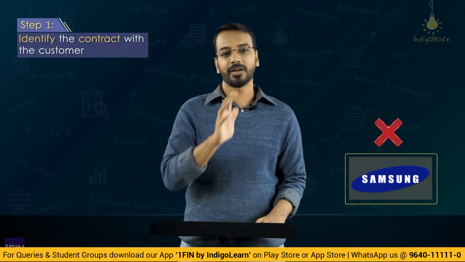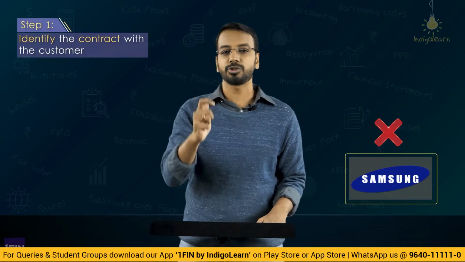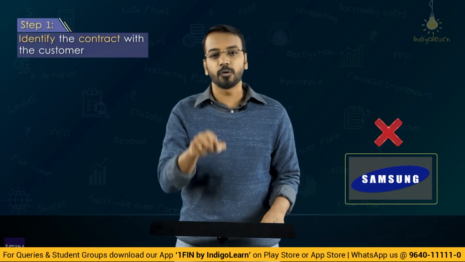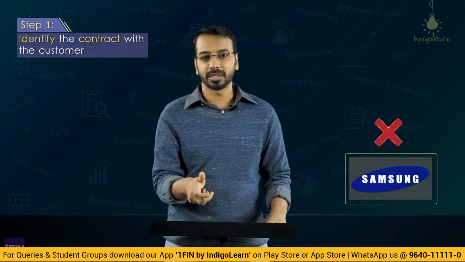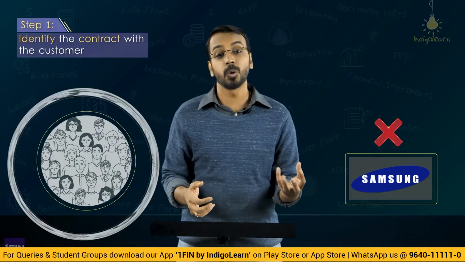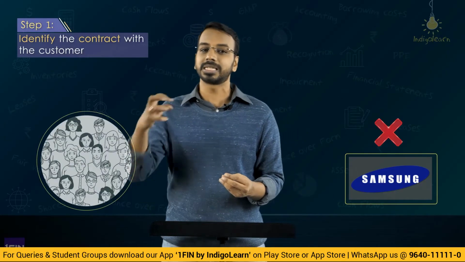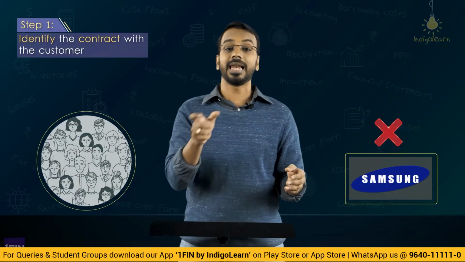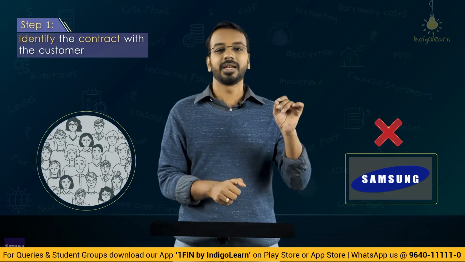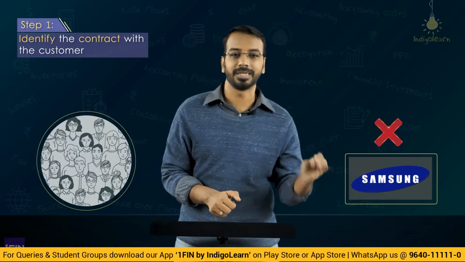When the payment terms are finalized. So it is very important to check each and every criterion before we say that the contract is covered under Ind AS 115 and revenue can be recognized. I agree that the control of the mobile phones is with the customer, but still Samsung cannot recognize revenue. Then what will Samsung do with the 10 lakhs that it has received? It will recognize it as a liability.